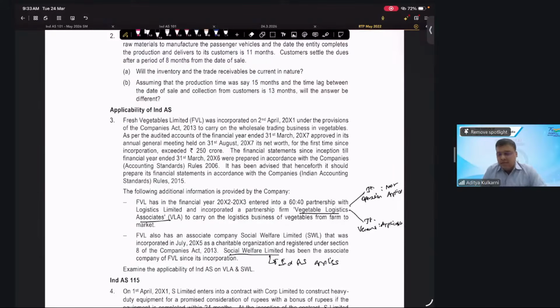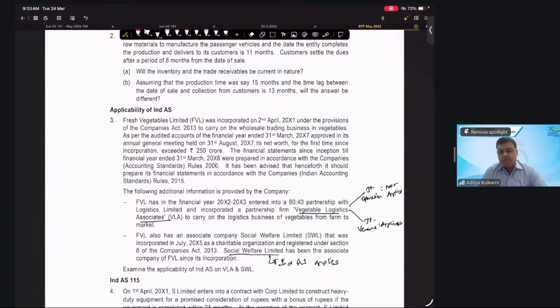Basically, this broadly comes under Ind AS 111 that deals with joint arrangements, right? So joint arrangements get categorized into two classes. One is a joint operation, one is a joint venture. In a joint operation, two or more parties come together and carry out whatever activity is there without forming a separate entity.